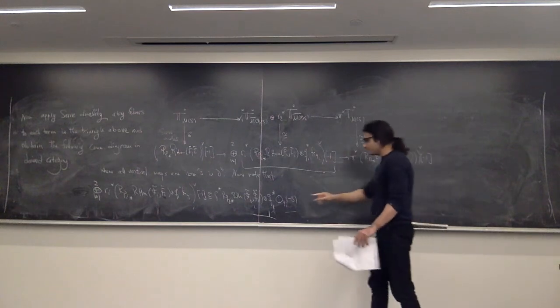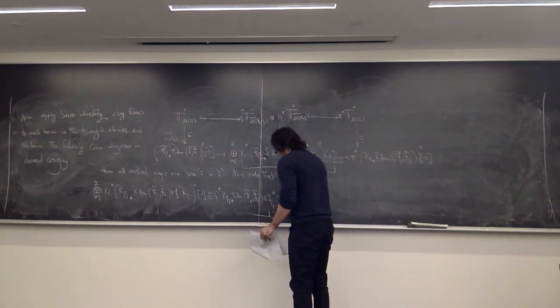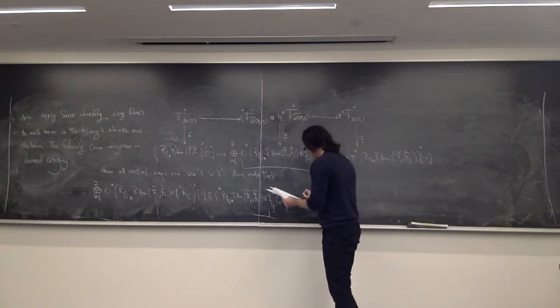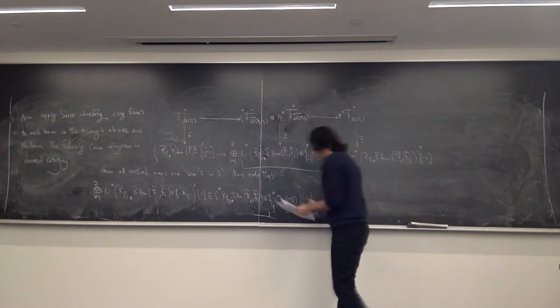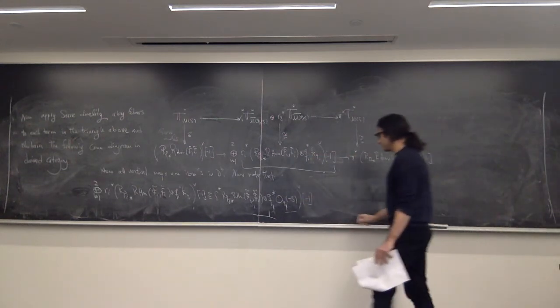So the canonical is that, Y1. Okay. Shifted dual, shifted by minus 1.